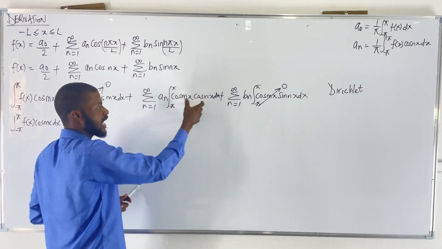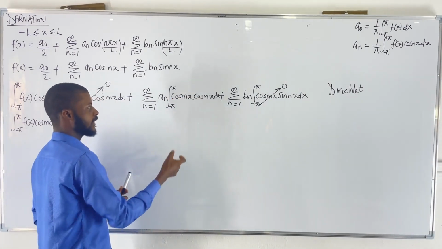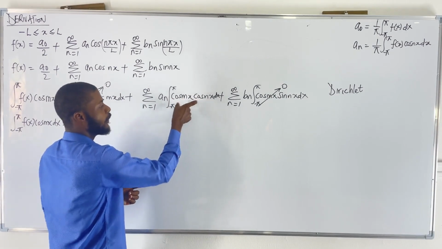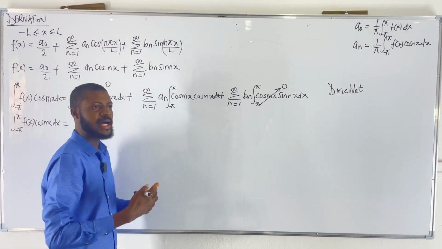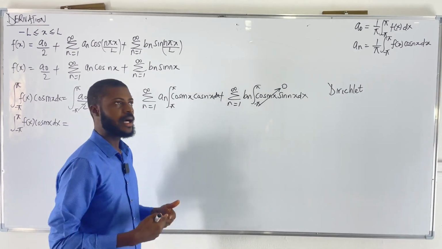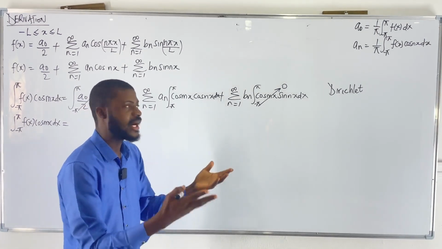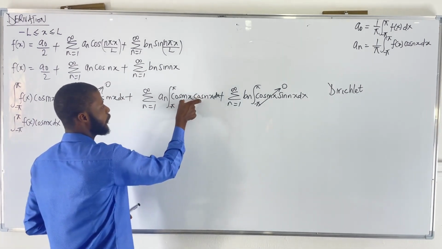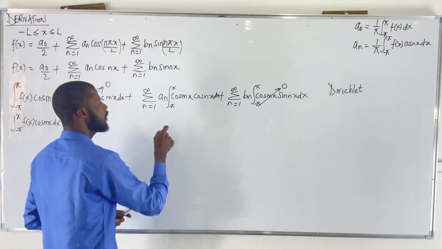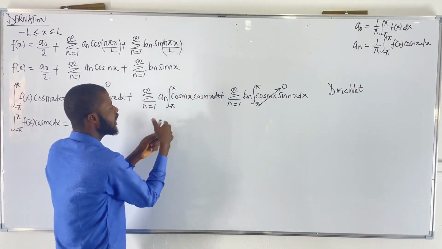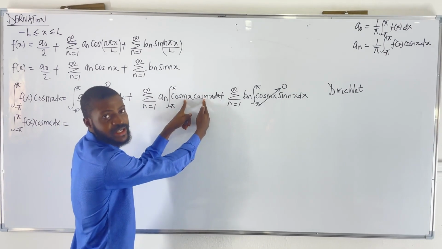Now let's come back to this because this is the only remaining item. Now cos and cos are together. Remember, I multiplied everything here by cosine so that I can see how cosine is going to be much more pronounced in my expression. Now cosine will be pronounced here because cos times cos is cosine squared. But I cannot have a cosine squared if the m and the n are different.